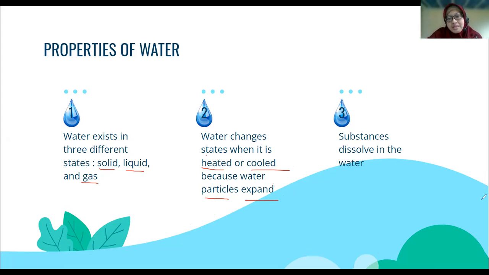And then substances dissolve in the water. How do you know? Dissolve means larut, yeah. So when you add maybe three spoons of salt, and then you stir it in the water, it will dissolve. It's like it disappears, but it's not, it's actually united with the water, some kind of that.